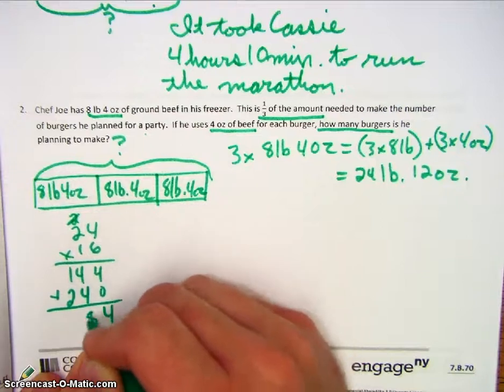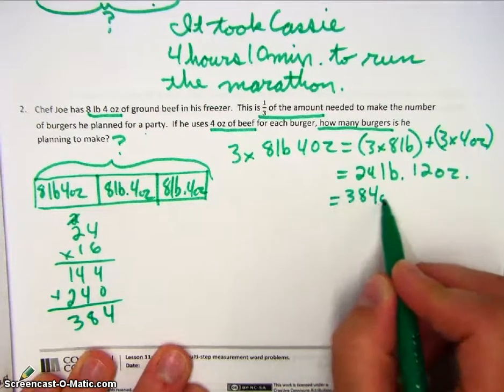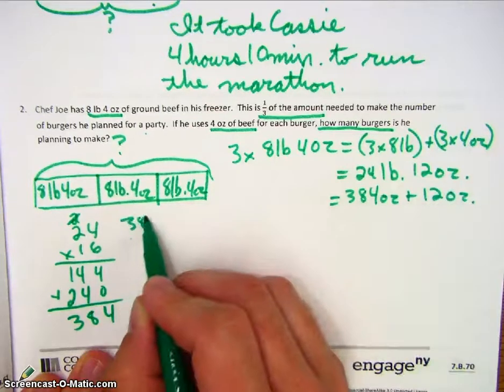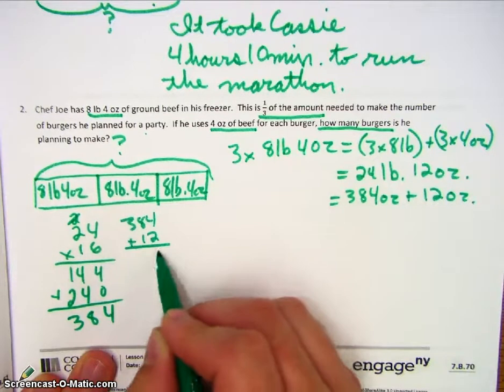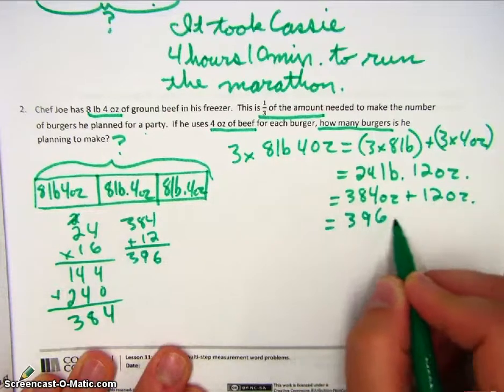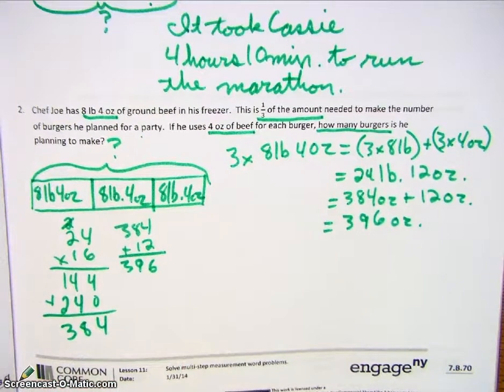So when we go through and multiply it out, we see that we have 384 ounces plus 12 ounces. So we take our 384, add 12, and we see we have a total of 396 ounces. So that's the amount of beef that he needs.